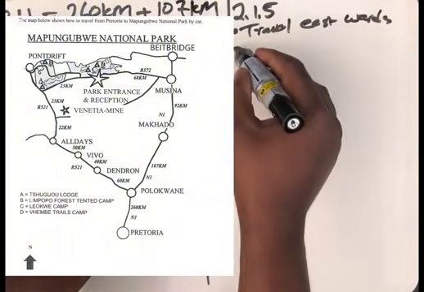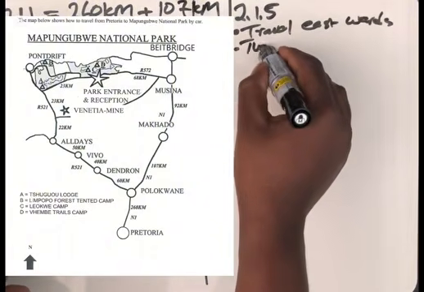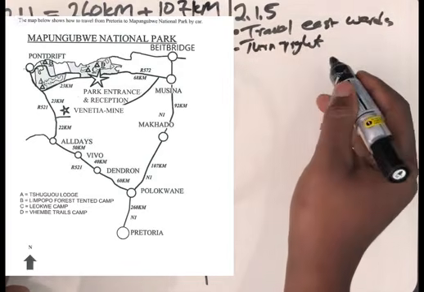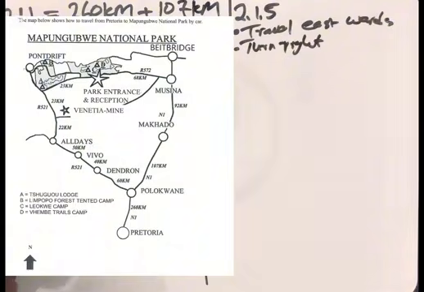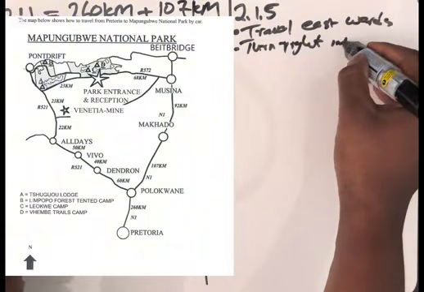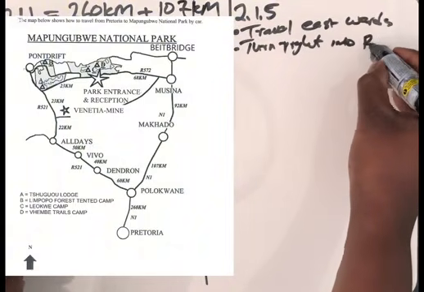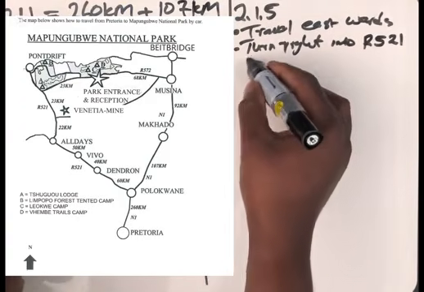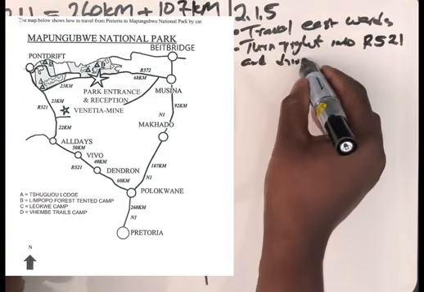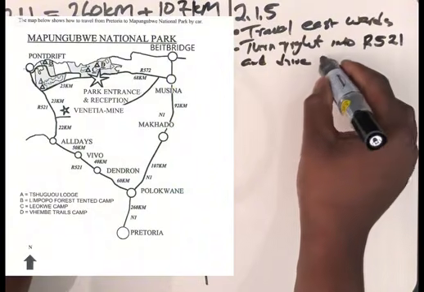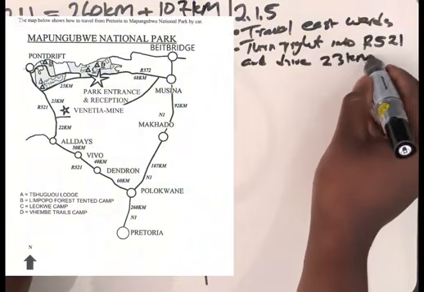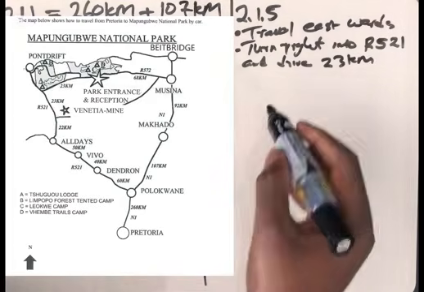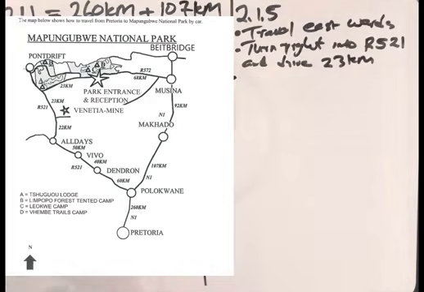Then from there, turn right. Where do we turn? We must be specific. Turn right into R521 and drive 23 kilometers. I'm being specific about each and every little detail here so that a person does not get lost.